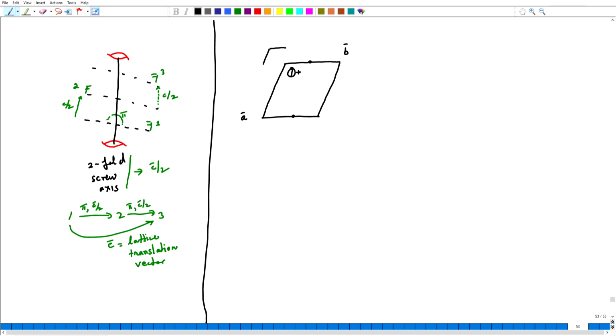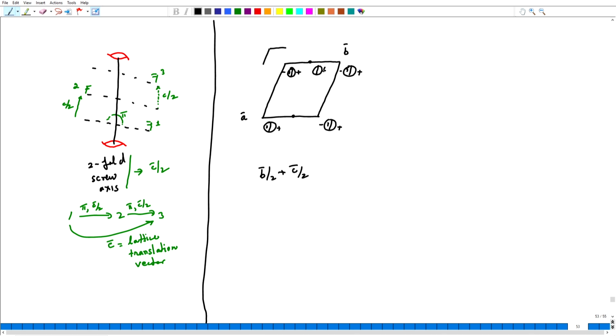So, I have these motifs distributed like this. This is only the primitive part, but now I have to consider the centering translation of B by 2 plus C by 2, and therefore, this motif will move out here.